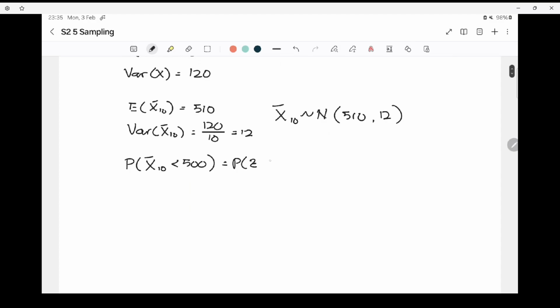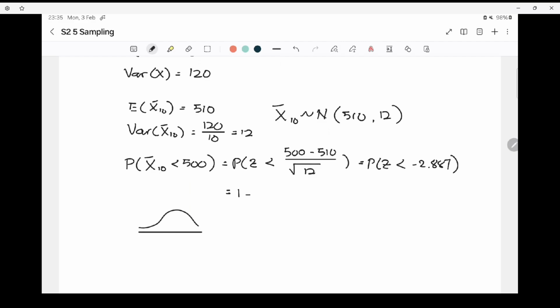So then over here, this will become 500 minus 510 divided by square root 12. So this will be P of Z smaller than minus 2.887, and you just flip it. So let's say this is your bell curve.